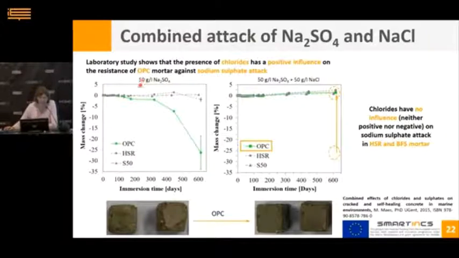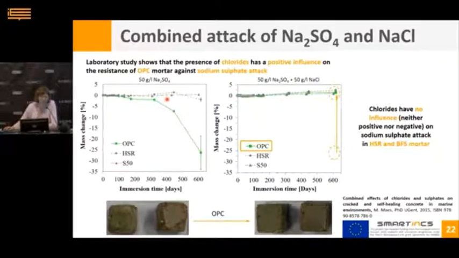We have these immersed in a solution of sodium sulfate, or in a solution made of sodium sulfate and sodium chloride. So left is the individual degradation mechanism, right is the combined degradation mechanism. And we clearly see, if we look at the left-hand side, that the ordinary Portland cement does not perform as well as the high sulfate resisting cement and the blast furnace slag cement.